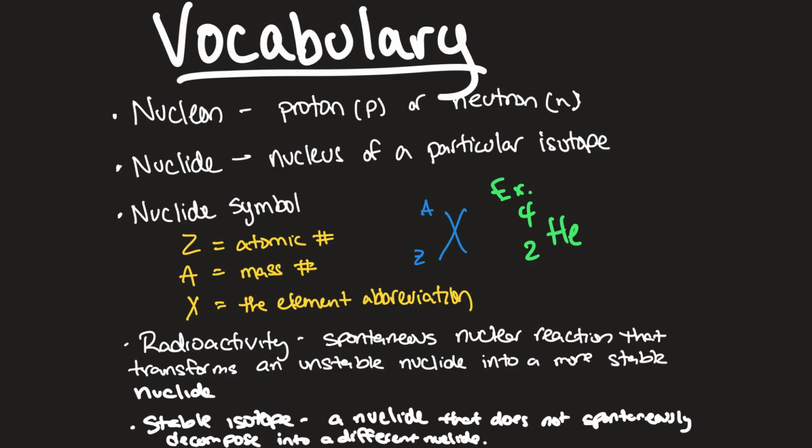So it's either radioactive, meaning it's going to spontaneously undergo some type of decay so that it can become more stable, or it's already a stable isotope and that nucleus is going to live as is unless a chemical reaction takes place.